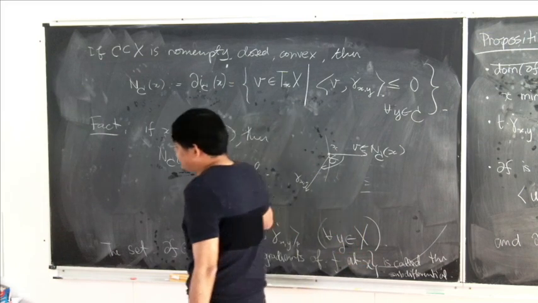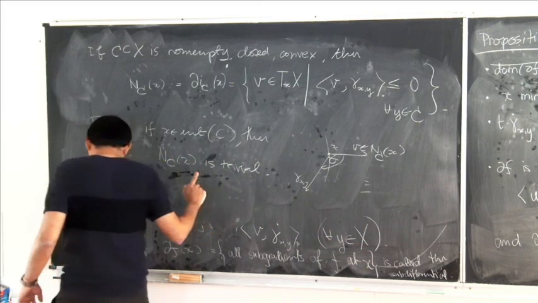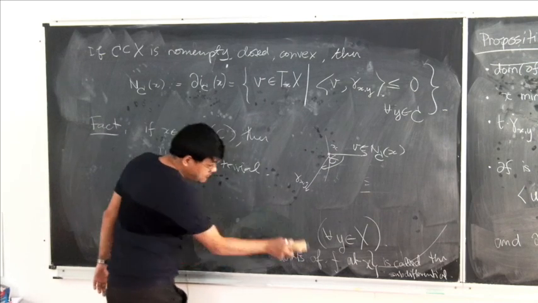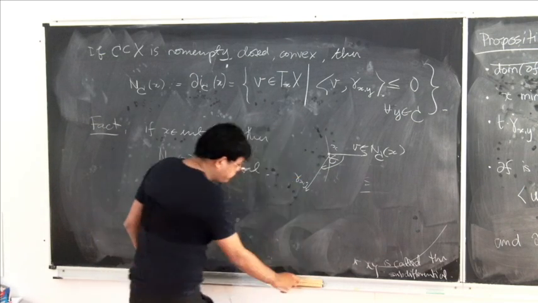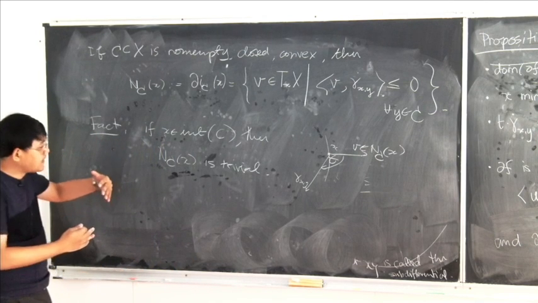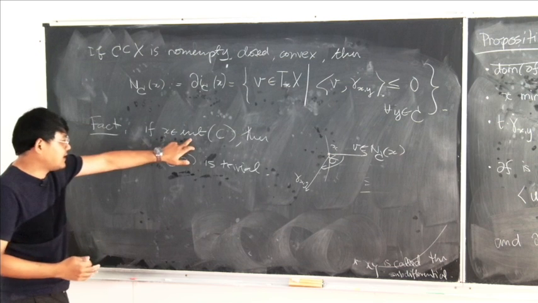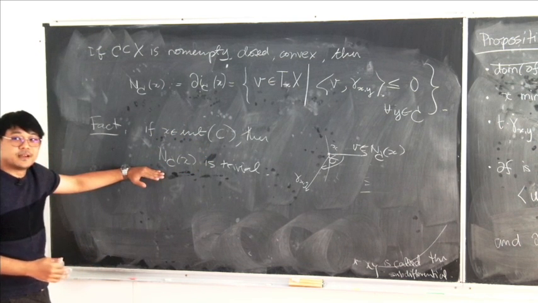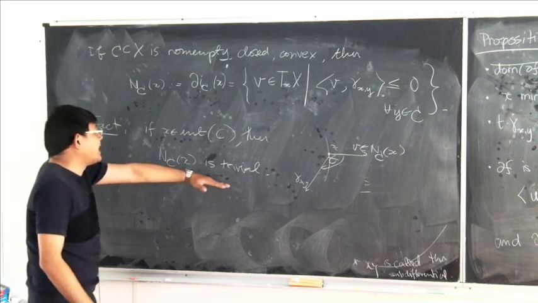But things get very tricky here, because I can find an example showing that there is a convex set such that x is not an interior point, but the normal cone is trivial.